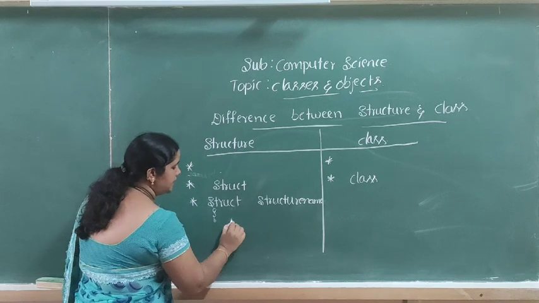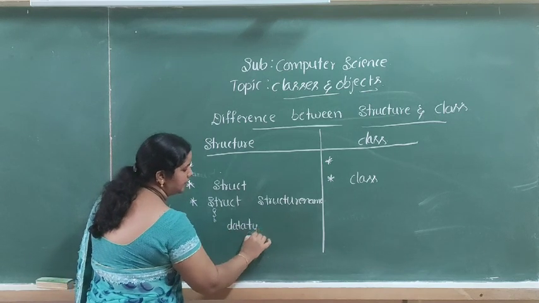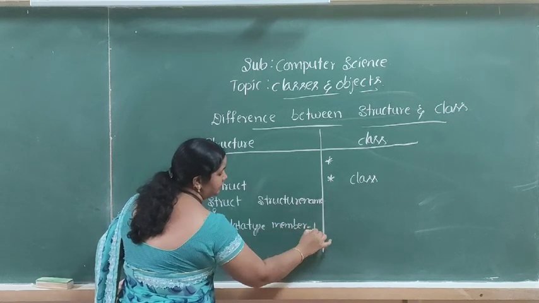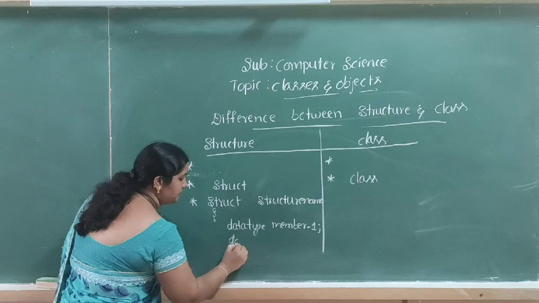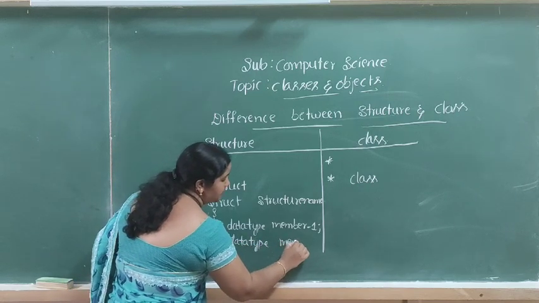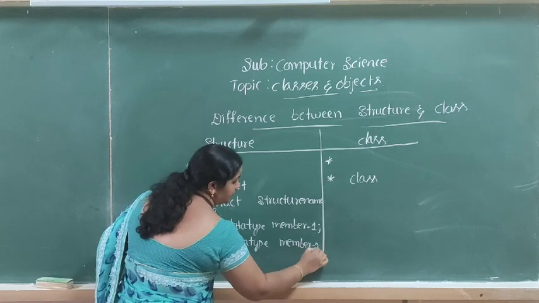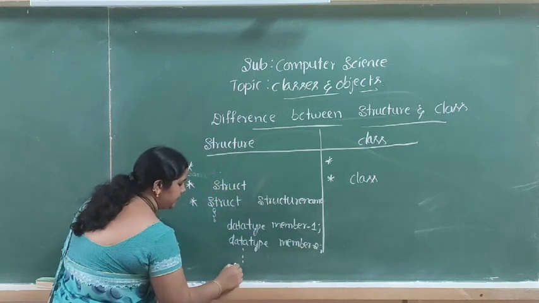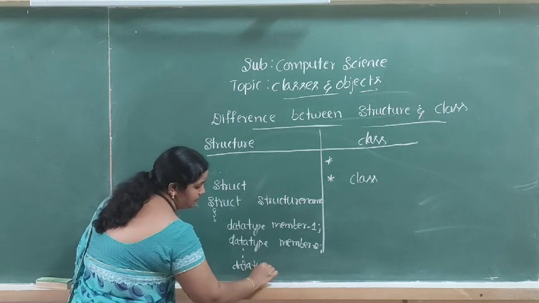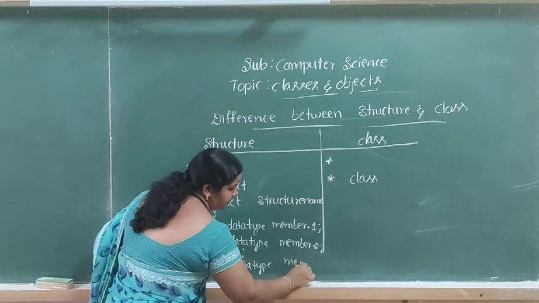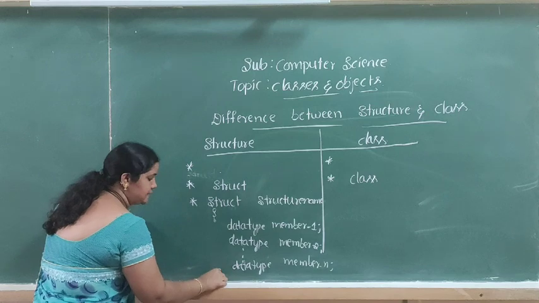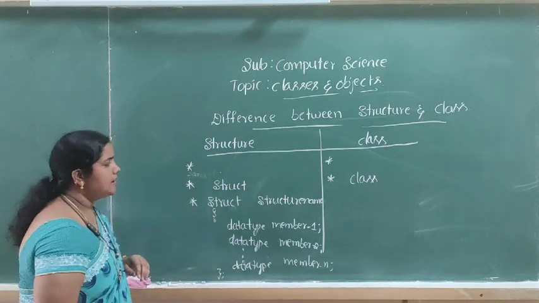Next, data type member 1, data type member 2, up to data type member n. This is the general format of a structure.